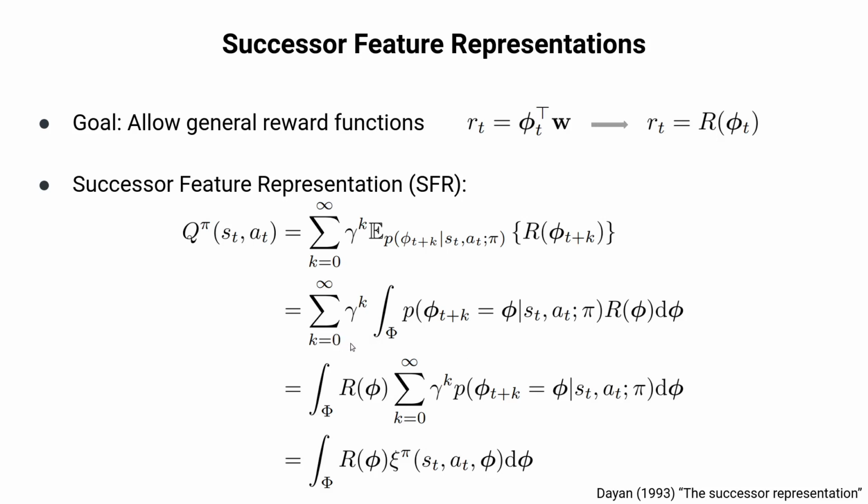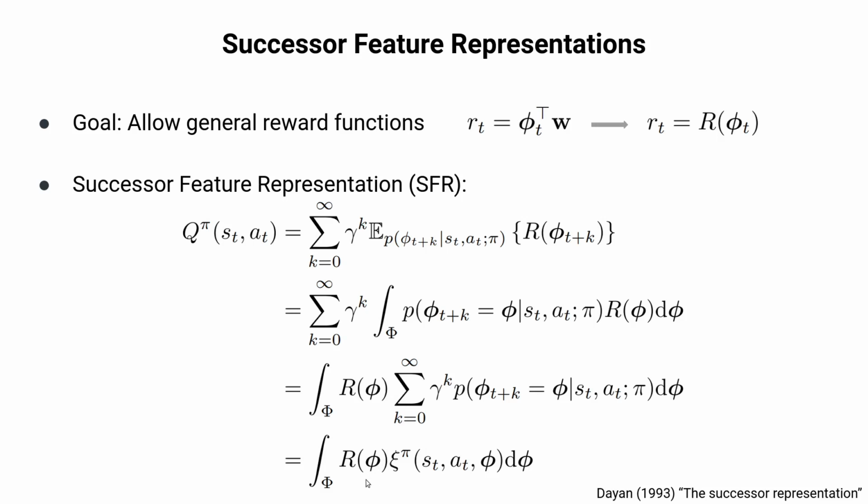Thus leaves us with the successor feature representation, which we indicate with Xi. So the successor feature representation is the discounted sum over the probability of seeing a certain feature in future time steps. Given the Xi function and any general reward function, we can now compute the Q values for it.